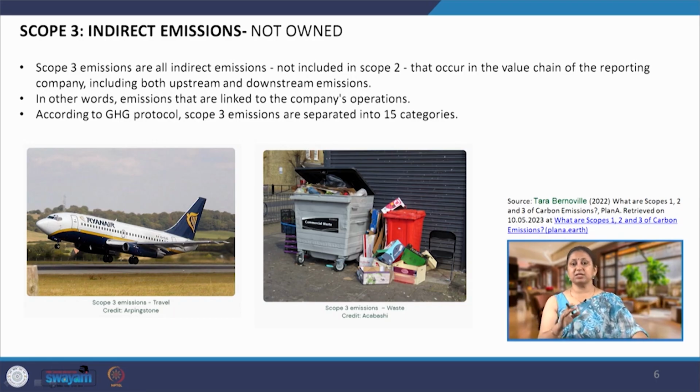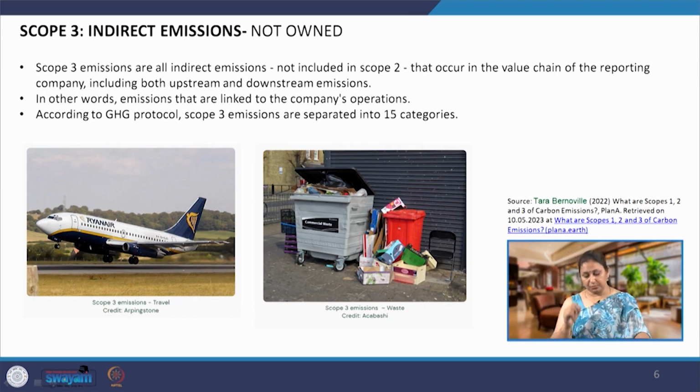Now, this is one of the most debated and argued scope 3 indirect emissions: how much of those indirect emissions should be counted in my scope, in my kitty. That is where we still have a lot of discussion, and a lot of clarity is still needed.